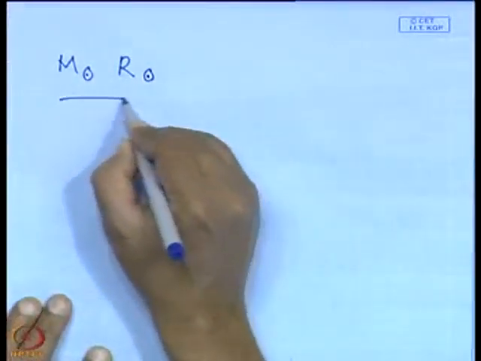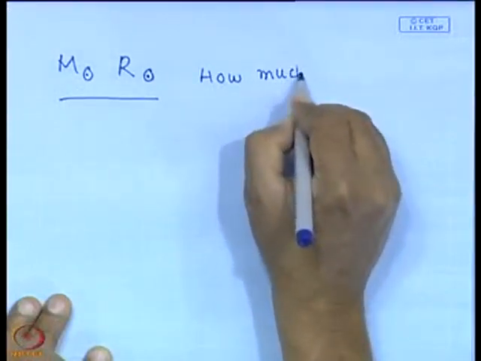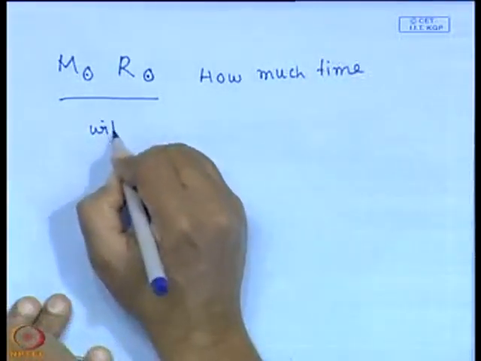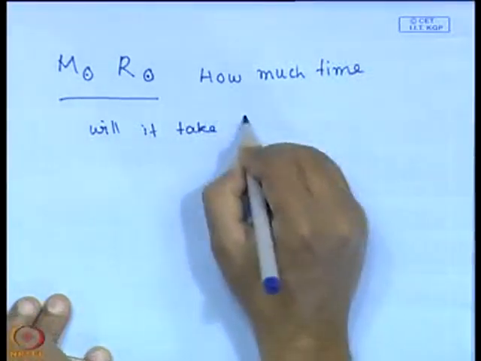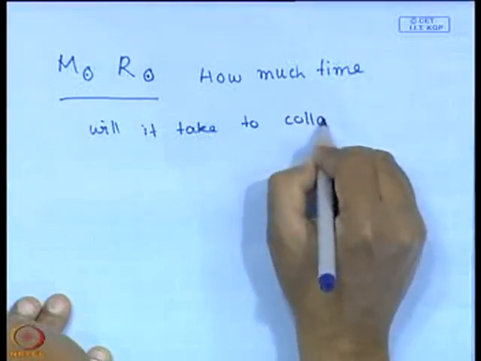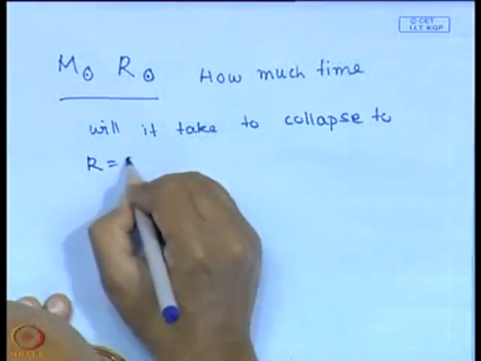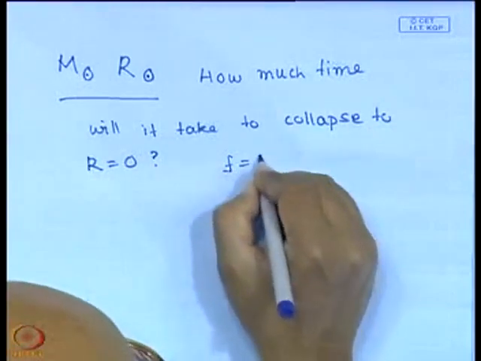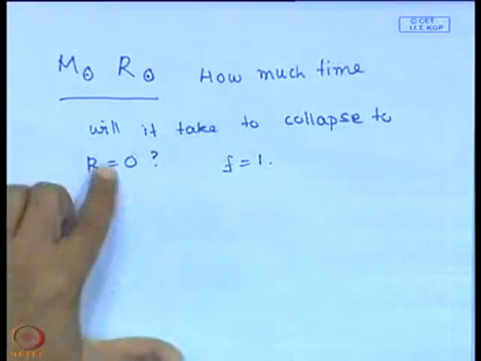How much time in this model will it take to collapse to r equal to 0, assuming f equal to 1. Okay. When you do this, you will find that this is a ridiculously small time.